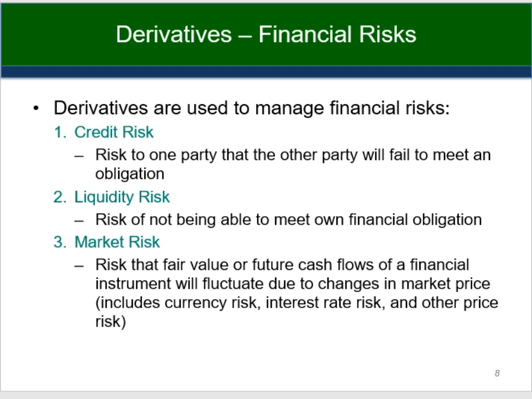Market risk is also covered. That may be the primary thing that you think about when you think about derivatives and options. The risk that the fair value or future cash flows of a financial instrument will fluctuate because of changes in market prices. So currency risk, your local currency may fluctuate in its value according to a comparison currency.